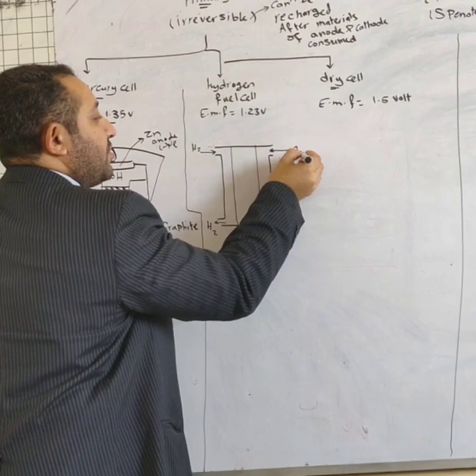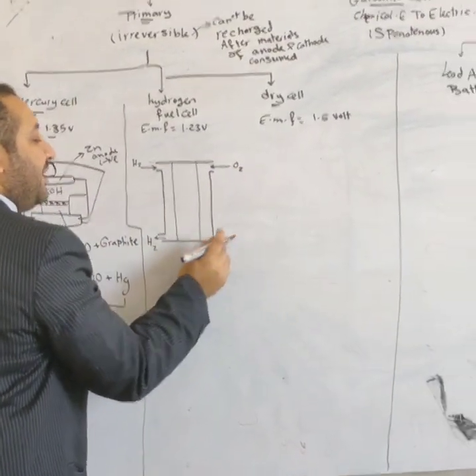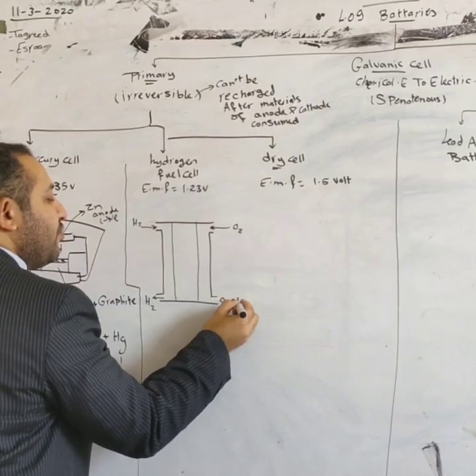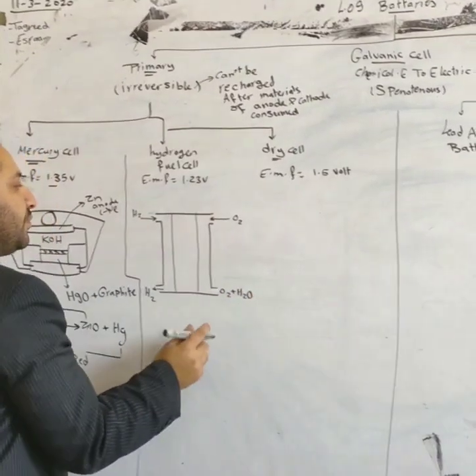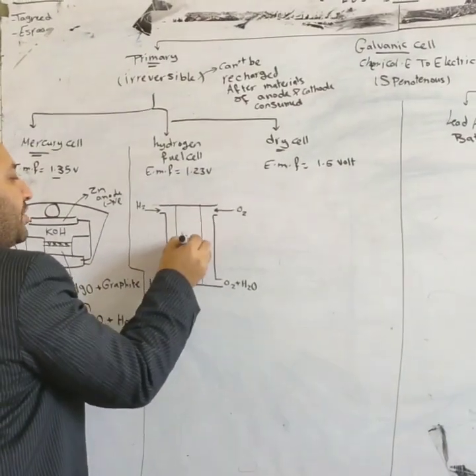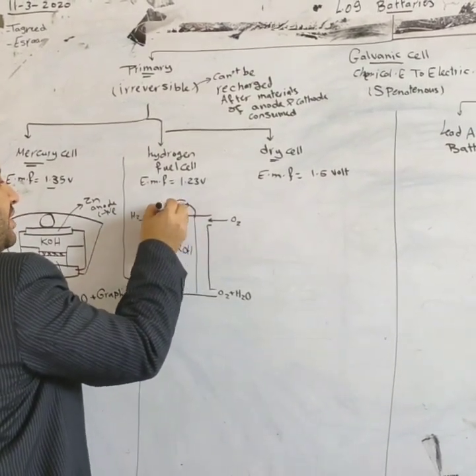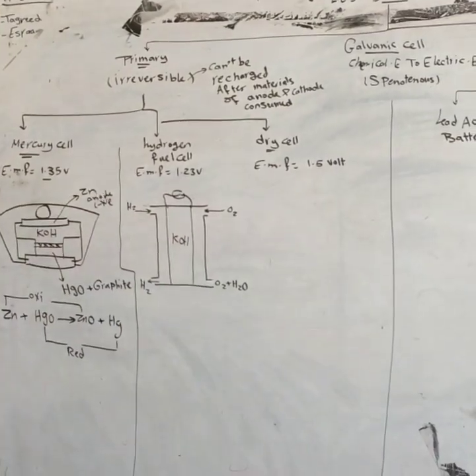The cathode represents the oxygen, and the excess oxygen exits plus water. KOH represents the electrolyte, and this cell produces electric current that can be used for lighting.